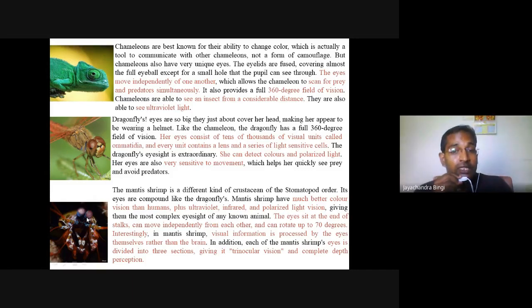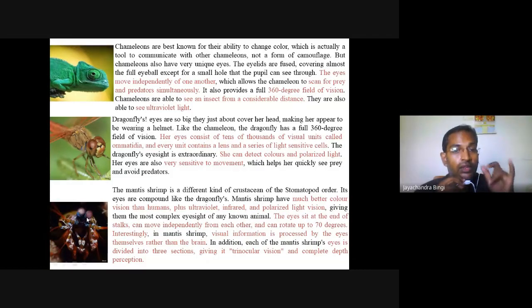When you listen to the bio-optics part of this eye, you will come to know more surprises. Why is this so far superior? We should not compare it with the human eye at all. In front of this, the human eye is not even 10%.